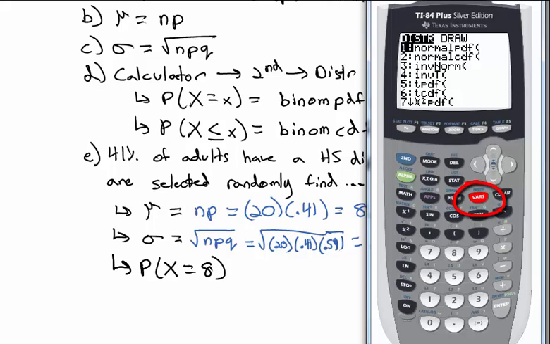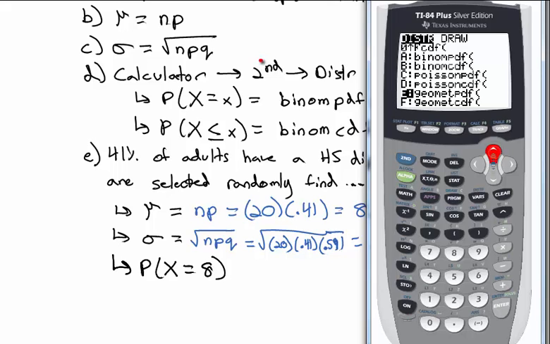Under distribution, there's a lot of options. We're going to be interested in the binomial probability distribution function. And it's quicker to get there by scrolling up, because that takes you to the end, and then if you keep going up, you will see binomial PDF, opening a parentheses.